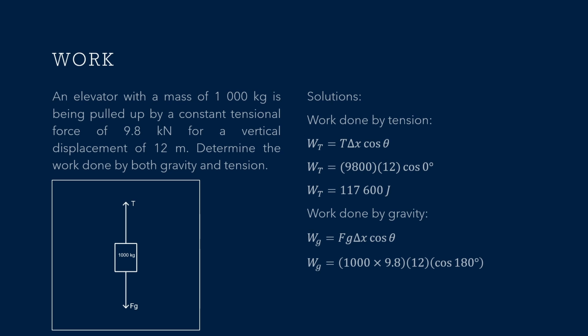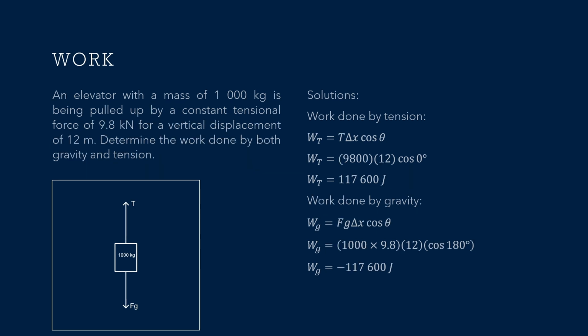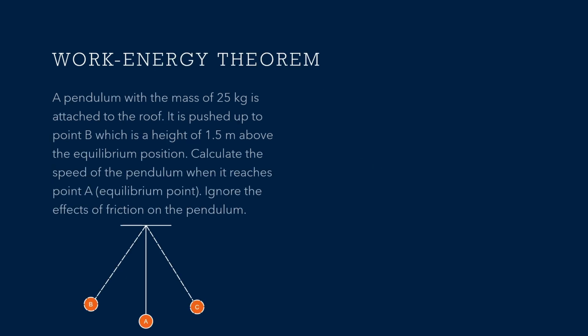It's cos of 180 degrees because gravity is not in the same direction as the tension or as the motion of the mass, and hence its work will be negative work because it opposes the motion of the object, and that will give you the work done by gravity of equal to negative 117,600 joules. Pretty simple.